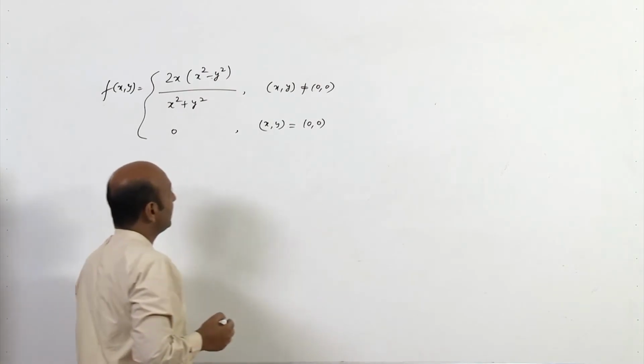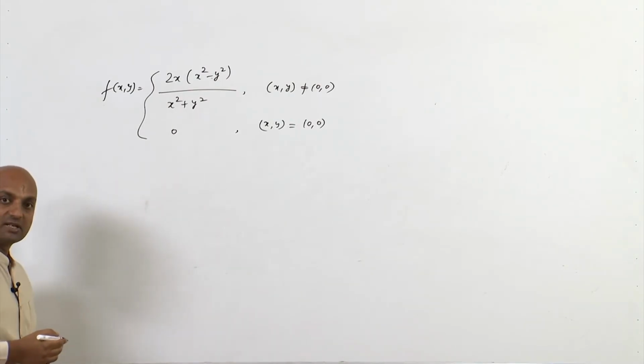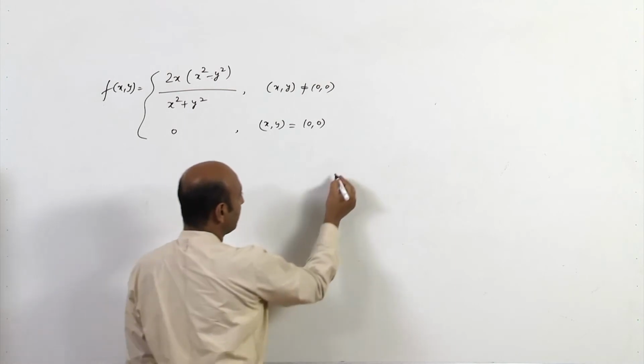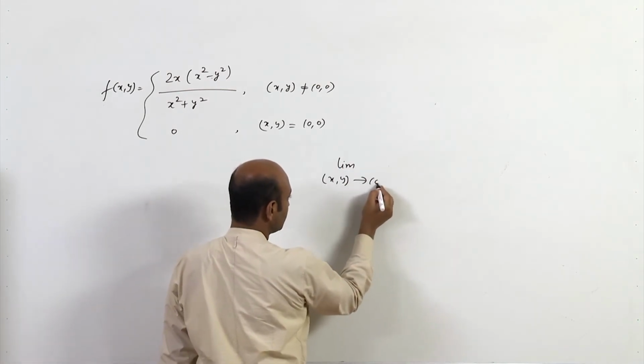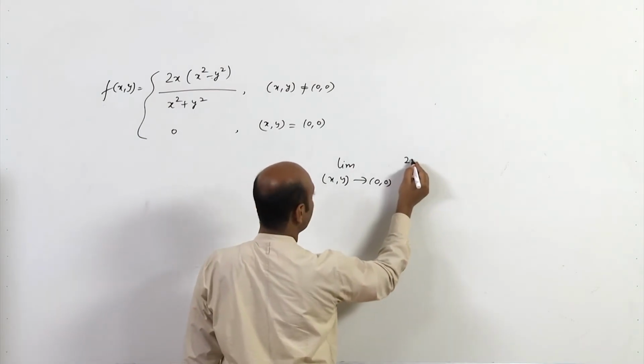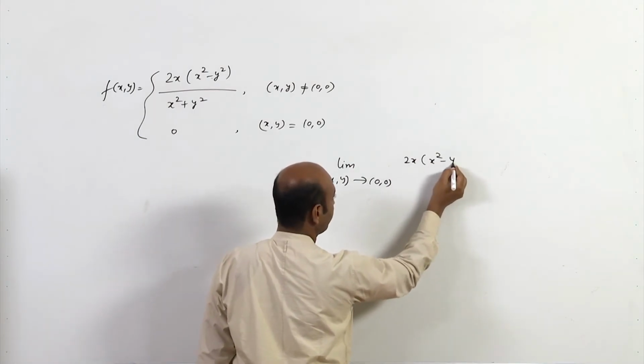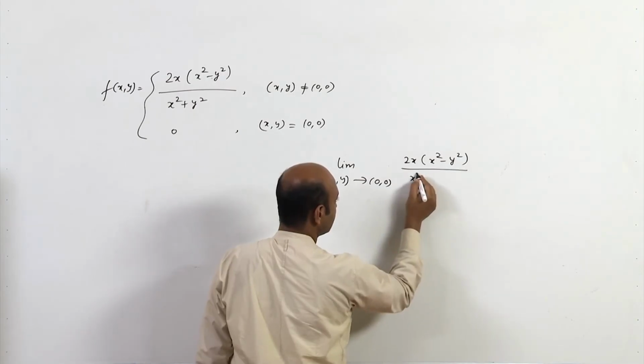Now again, to see whether this function is continuous at origin, we first see whether the limit, the double limit at 0 comma 0, exists. Okay.